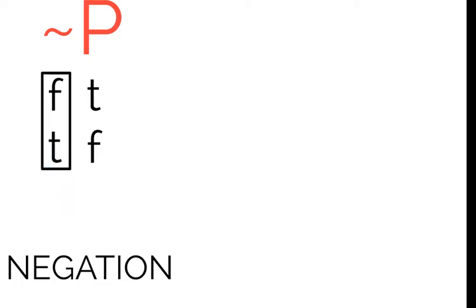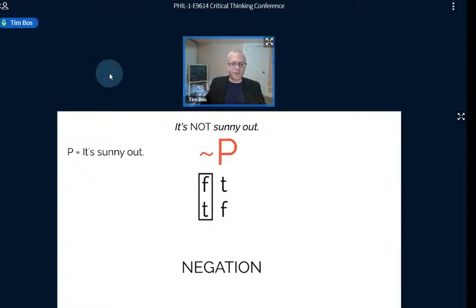Negations are funny because they're really the simplest of the bunch, but they also cause a lot of confusion sometimes. Okay? But that's all a negation does, right? So, for example, let's say P represents it's sunny out, and it is sunny out right now. So P is true, that's the first logical possibility.